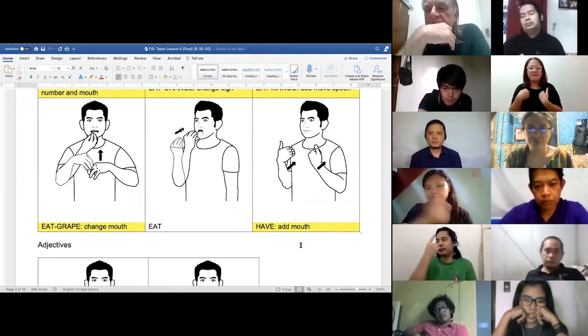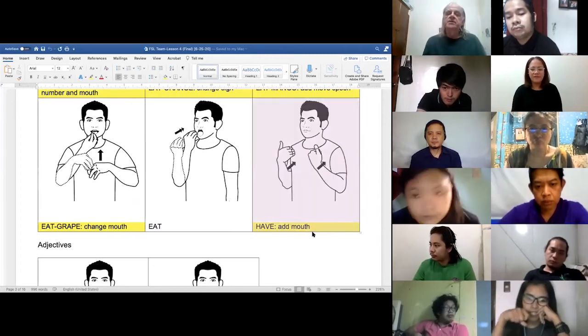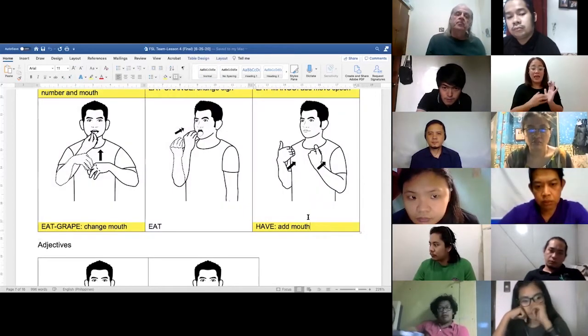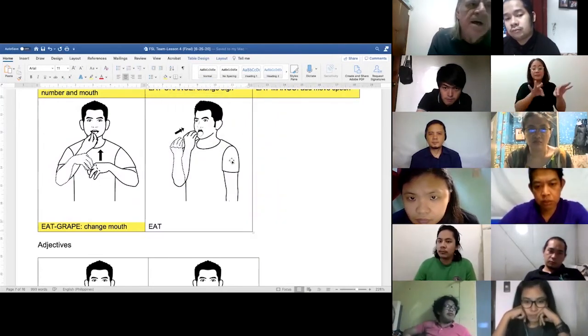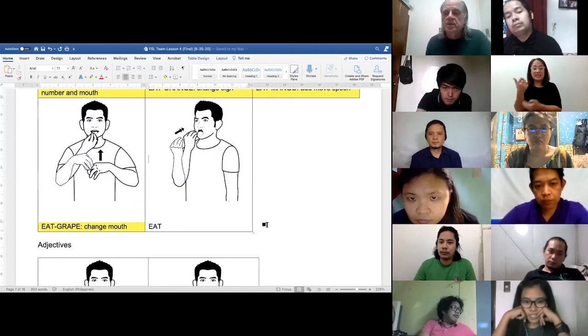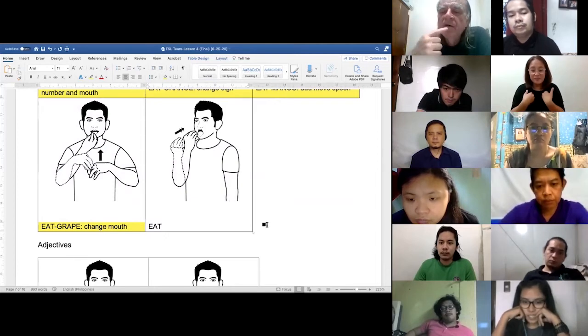Right? Get rid of it. Okay. So this is again, when you're changing. Because in Ho Chi Minh City Sign Language, it's easy to delete "have", but not so easy in Filipino Sign Language. You either have the one or the other.